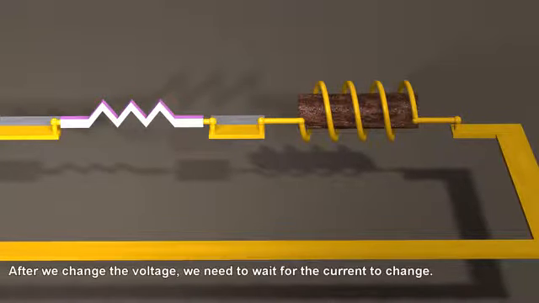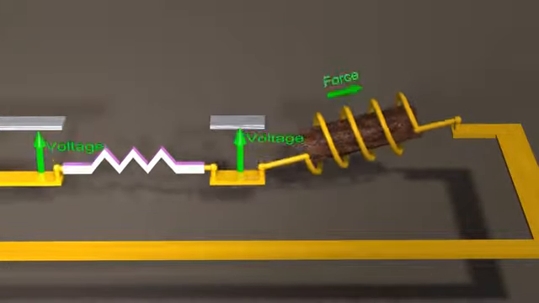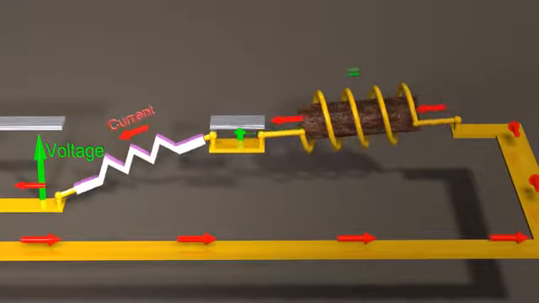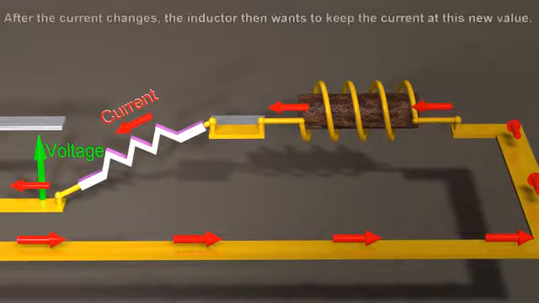After we change the voltage, we need to wait for the current to change. After the current changes, the inductor then wants to keep the current at this new value.